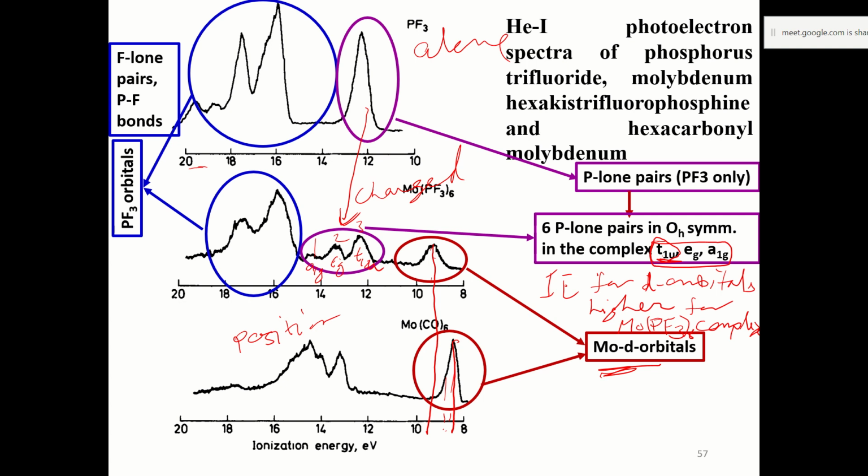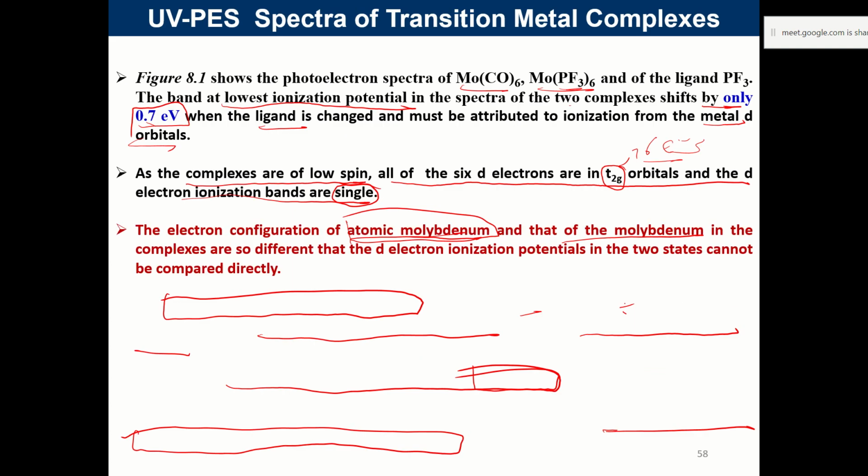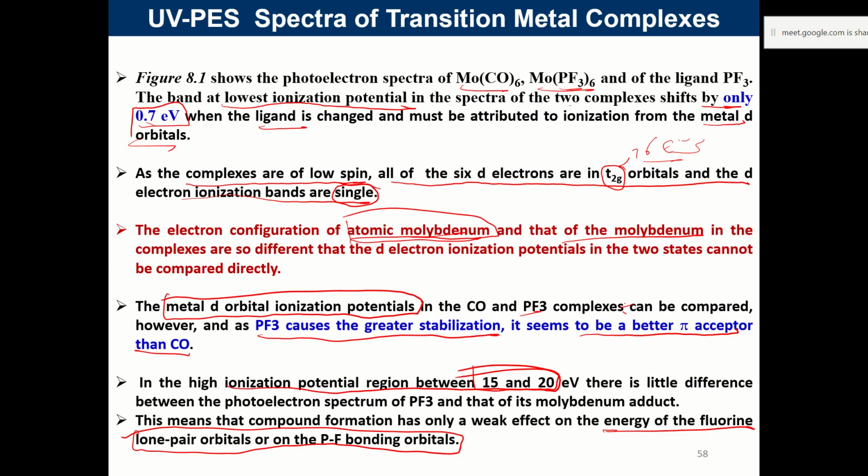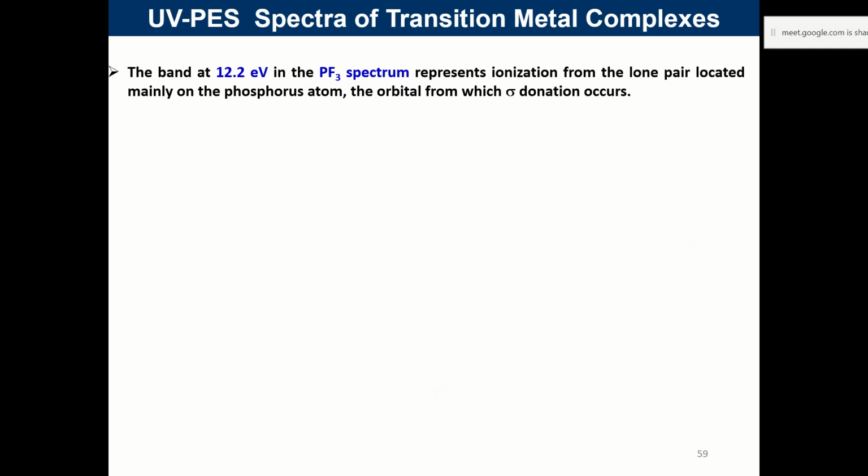The peak profile has changed in appearance. एक जो था वो अब 3 में स्प्लिट कर गया है, 3:2:1 के रेशियो में, corresponding to T1U, EG and A1G. So these are the complex forms.